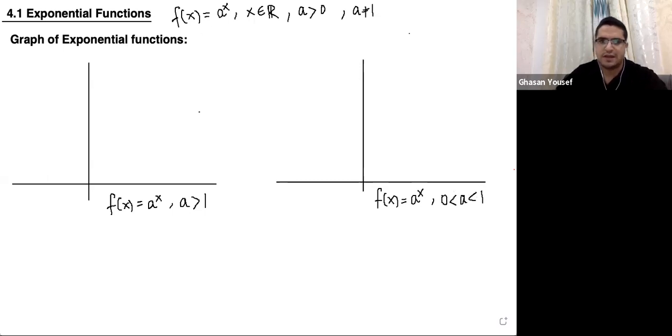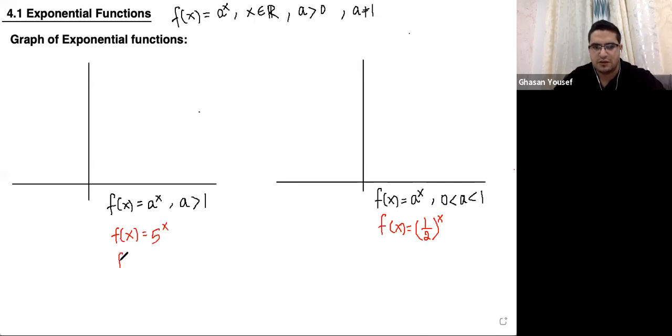Example for this, I gave example last time. I said f of x equal 1/2, for example, to the power x, or a is 1 over 3, or 1 over 4, whatever, any a between 0 and 1. But for this one also, I gave example f of x equal 5 to the power x, for example, or f of x equal 7 to the power x.